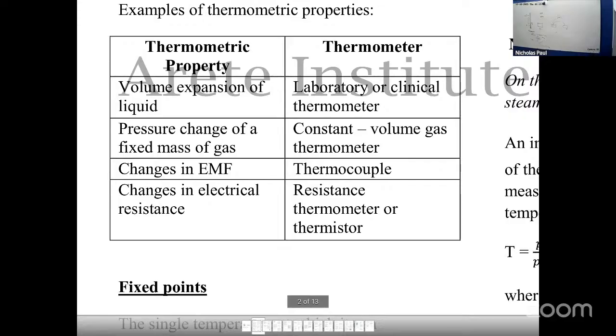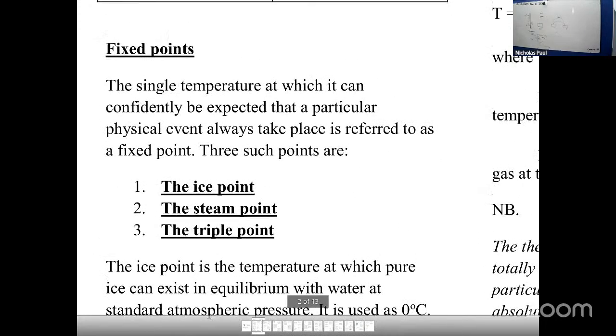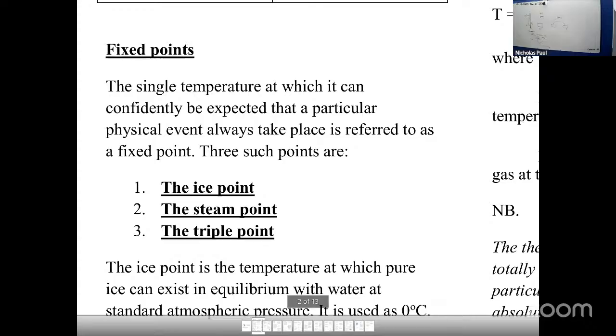The single temperature at which it can confidently be expected that a particular physical event always takes place is referred to as a fixed point. So we expect to see ice at the ice point.